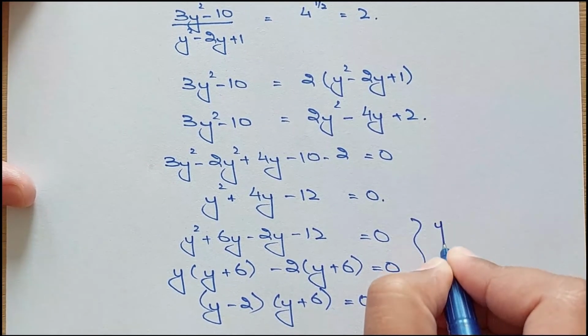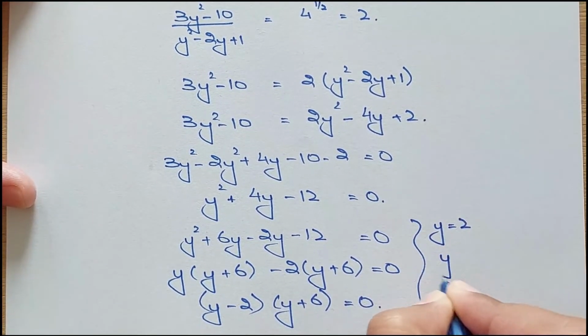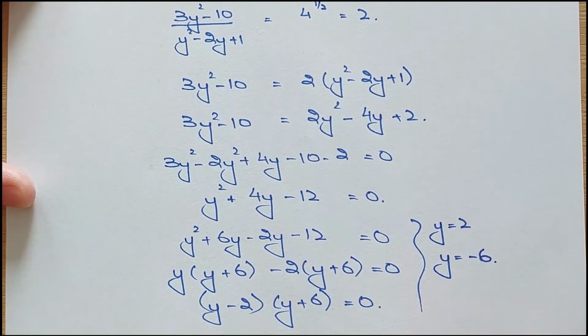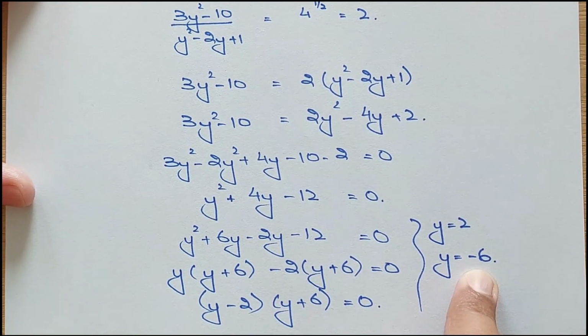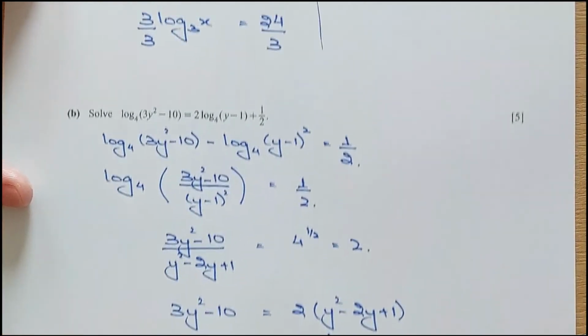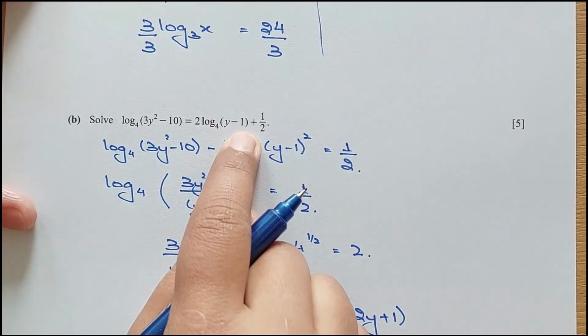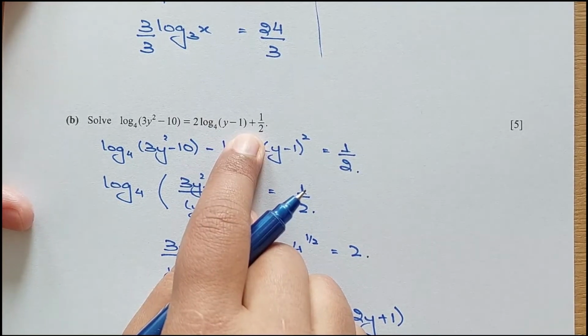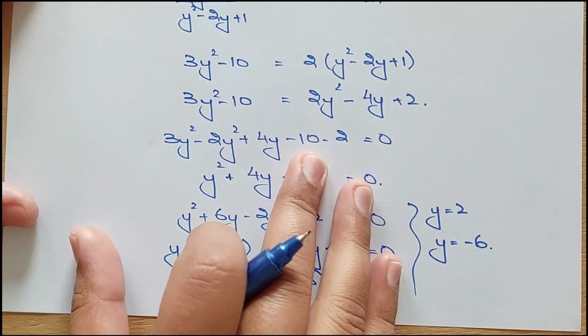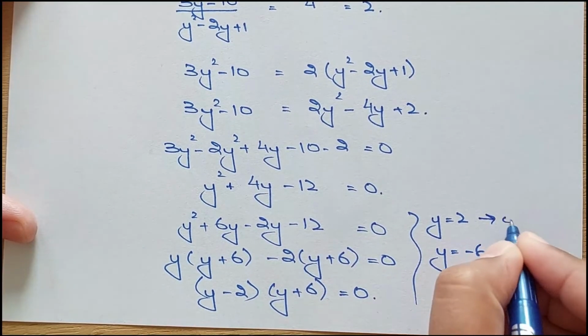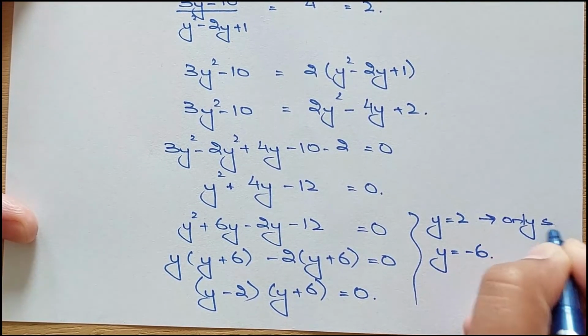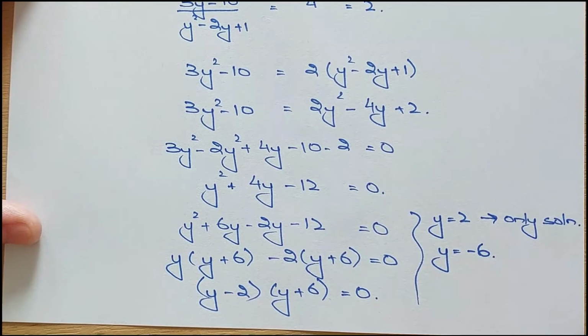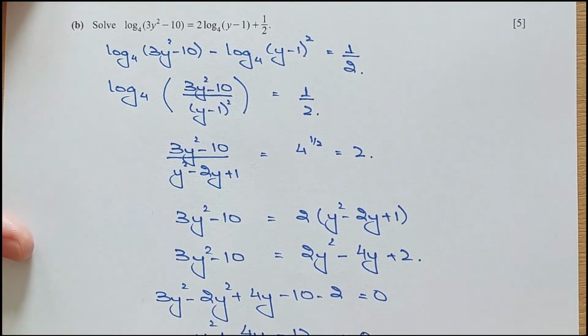So the y value is equals to 2 and y value equals to minus 6. Now which value is valid? We cannot take minus 6 because log of a negative number does not exist. When you substitute y equals to minus 6 here in y minus 1, so log base 4 of minus 7 does not exist, right? So the only solution is y equals to 2 for this logarithmic equation.